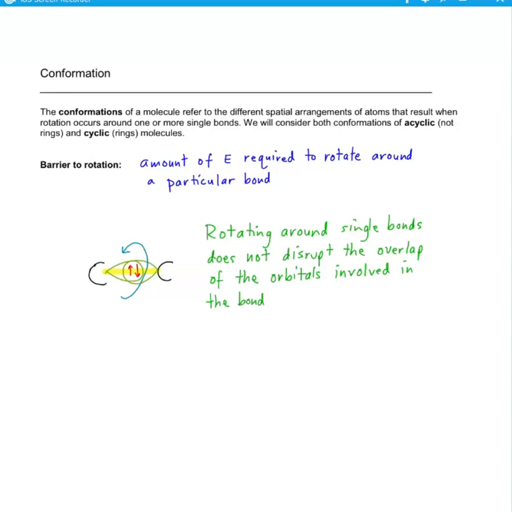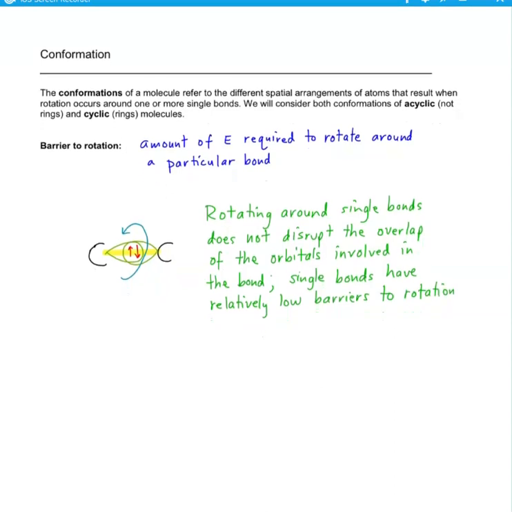What we know about single bonds is that the energy required to rotate around them is typically not that much. So we can say, and we'll look at numbers in a minute, that single bonds have relatively low barriers to rotation. So low rotational barriers, meaning that they only require a small amount of energy to rotate.